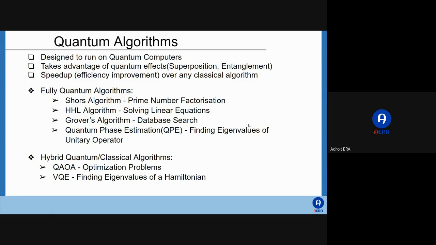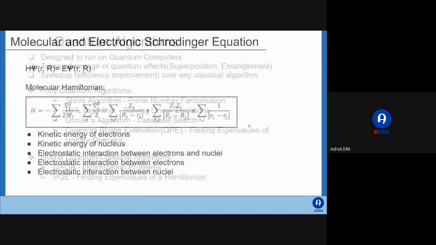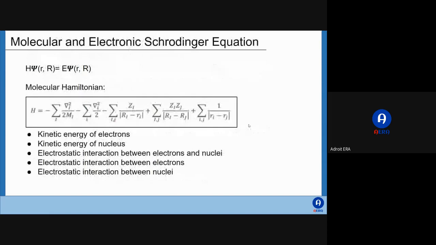So let us discuss the electronic structure problem, the molecular electronic Schrodinger equation. Any chemistry problem can be represented in the form of the electronic Schrodinger equation.